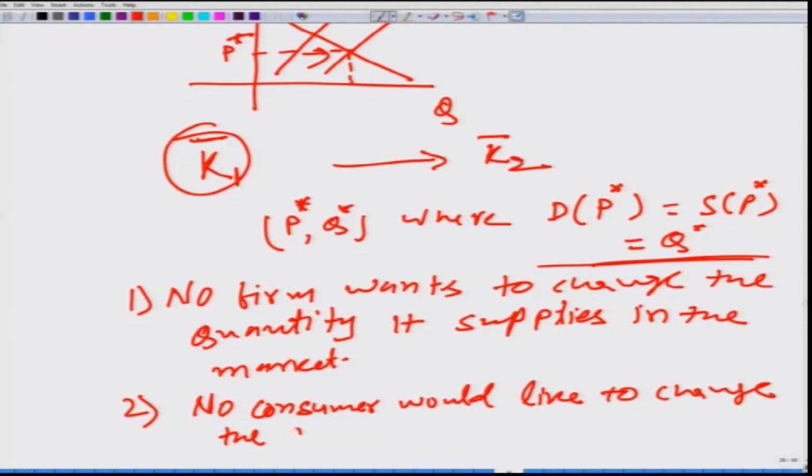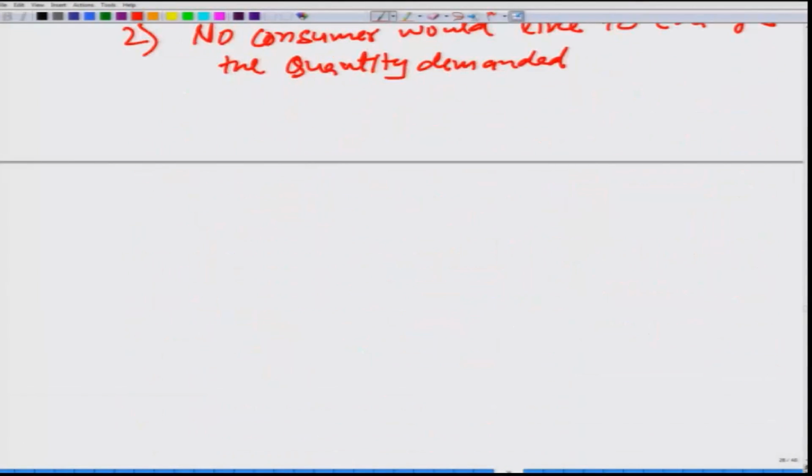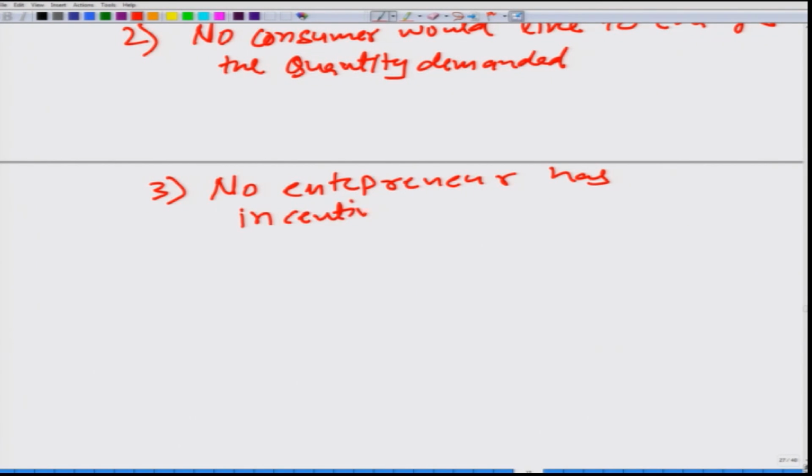No entrepreneur has incentive to enter the market.